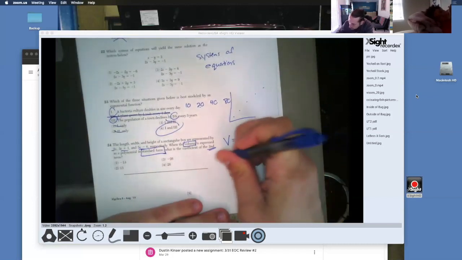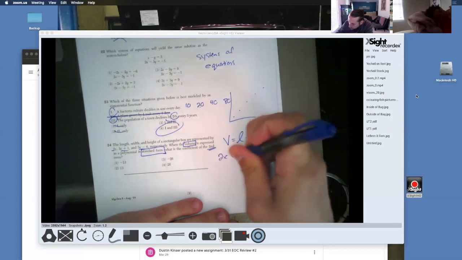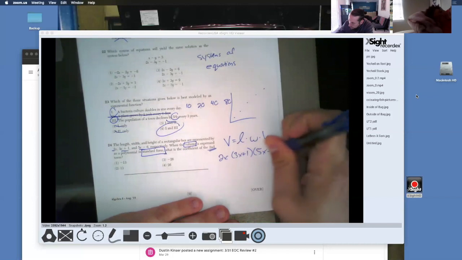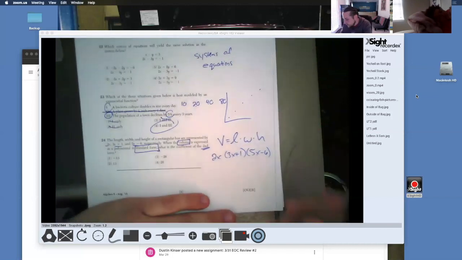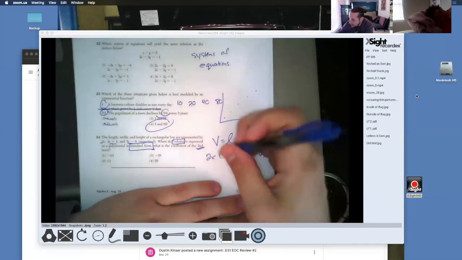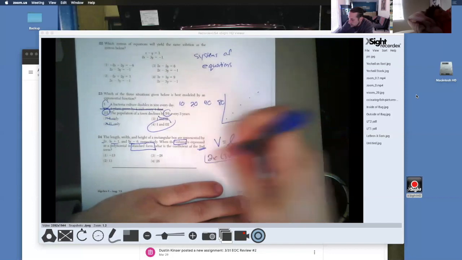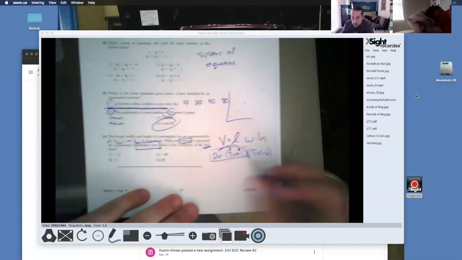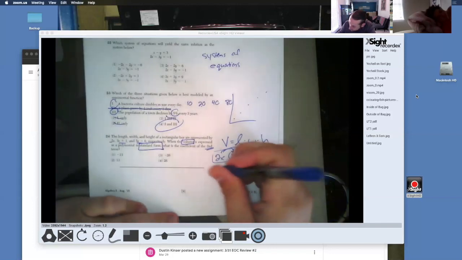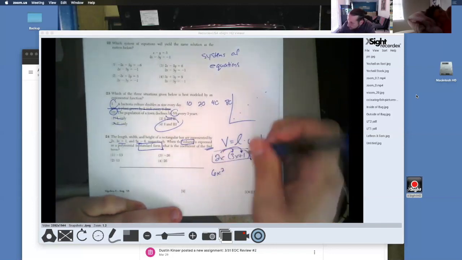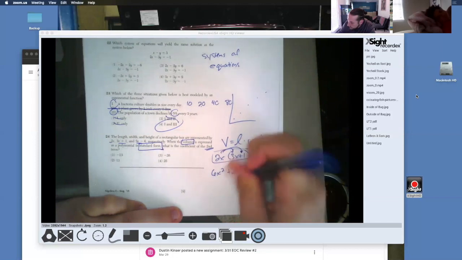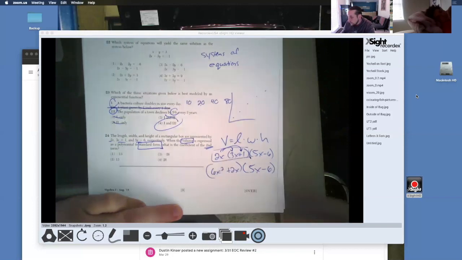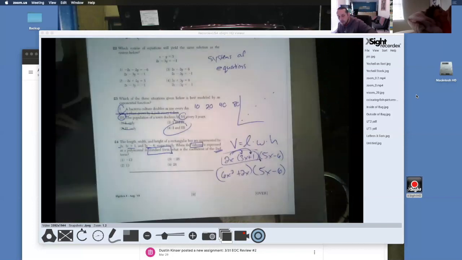All right, so we got 2x, 3x plus 1, 5x minus 6. I'm going to go ahead and do this one first just because they're next to each other. So distribute. 2x times 3x is 6x squared. 2x times 1 is 2x. Now here I have to FOIL, I have to distribute.